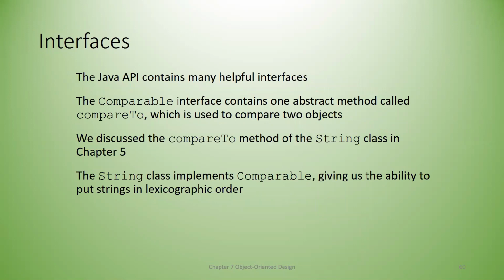The Java API contains many helpful interfaces, and one of them is called comparable. The comparable interface contains one abstract method called compareTo, which is used to compare two objects. Okay, so when you want to compare two objects, you cannot use the double equal sign. You cannot use the less than or greater than sign. You have to use equals, which compares if the two objects are the same.